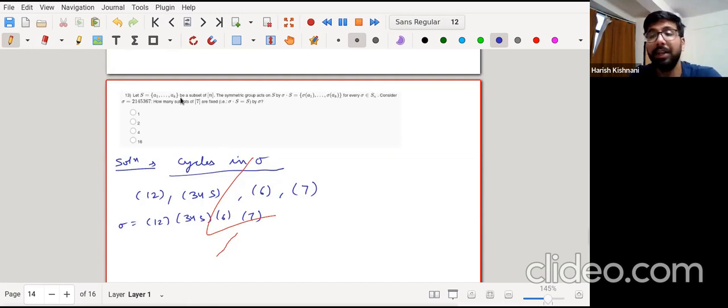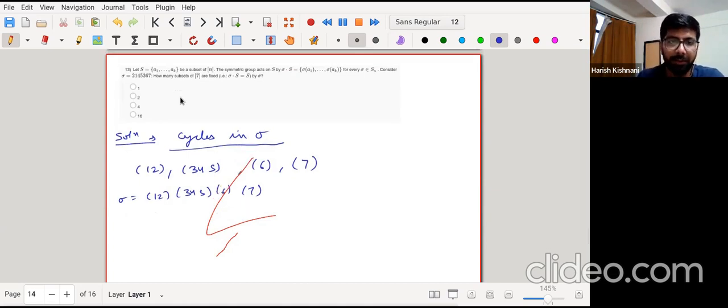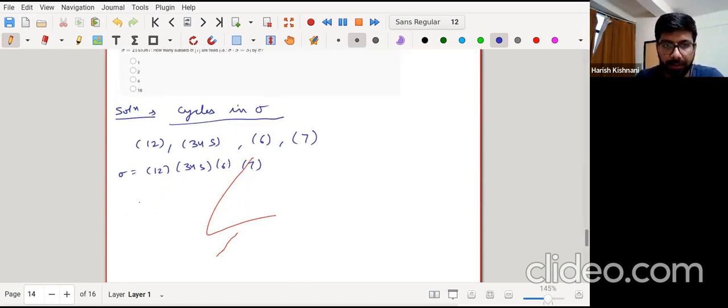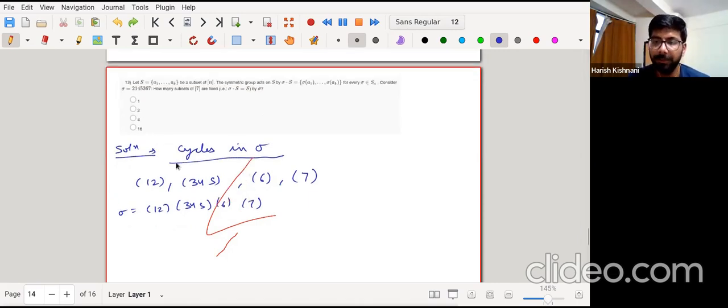And even if you take a union of cycles, that will also be fixed, and definitely the empty set will always be fixed.